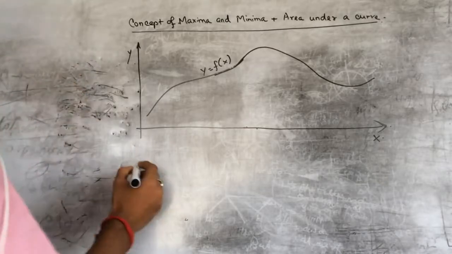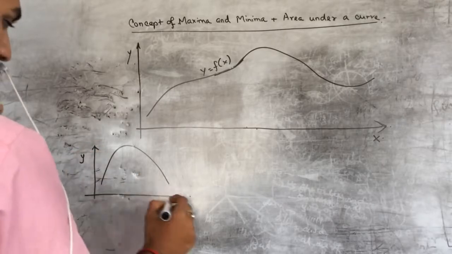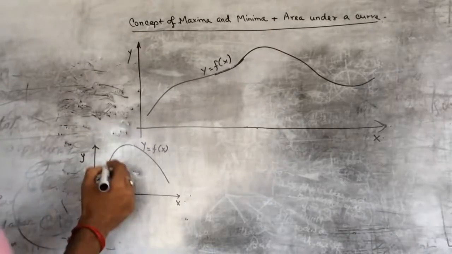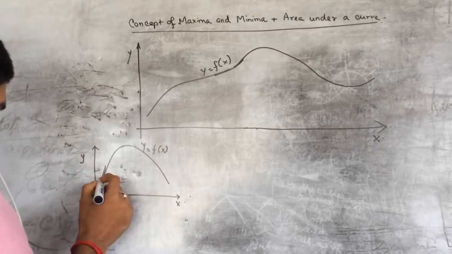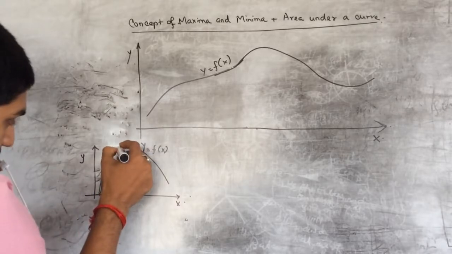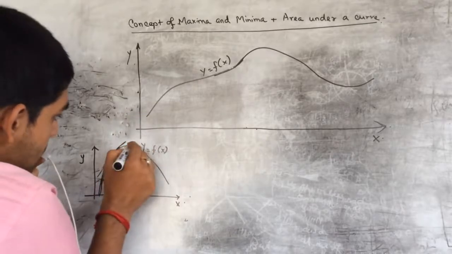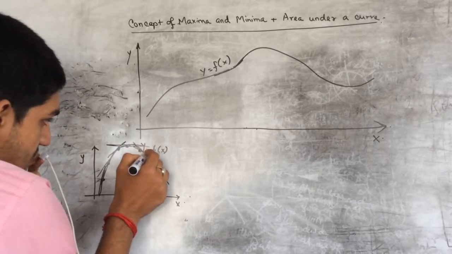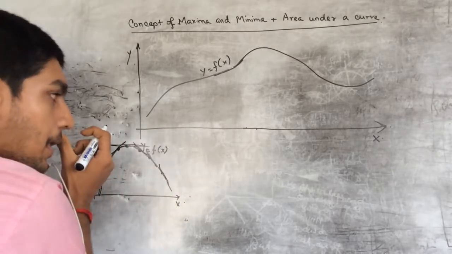So basically, if a function is like this, y equals f(x), we draw tangents at this point. We see that the slope is high at this point. Now as we increase x, the slope decreases, and as we increase further, the slope further decreases, and at this point the slope becomes 0, and again at this point the slope is like this, and at this point the slope increases, at this point the slope is much more, and like this.